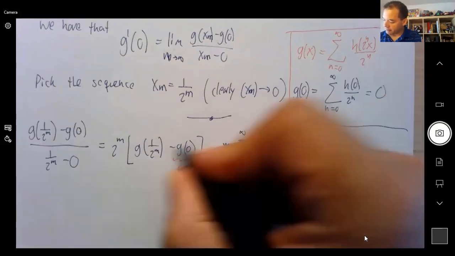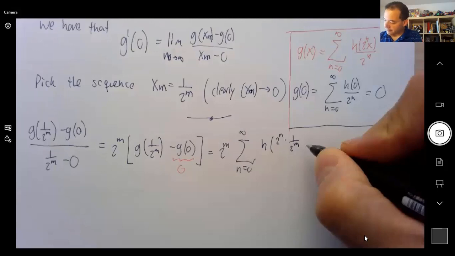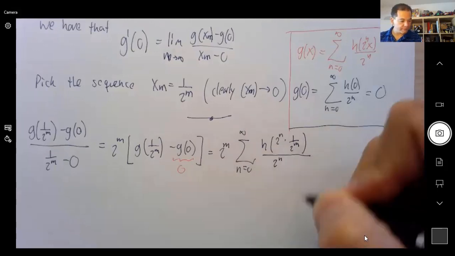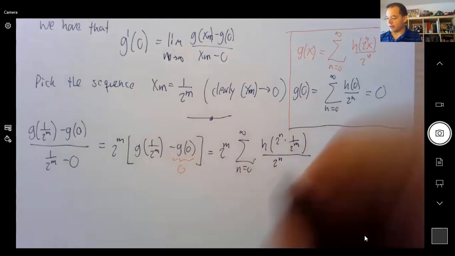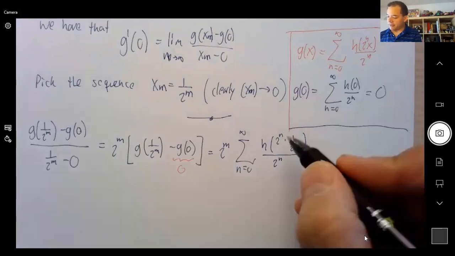What is the x? It is 1 over 2 to the m, divided by 2 to the n. Is that clear? I just plug it in. I haven't done anything. Now I'm going to simplify this a little bit.